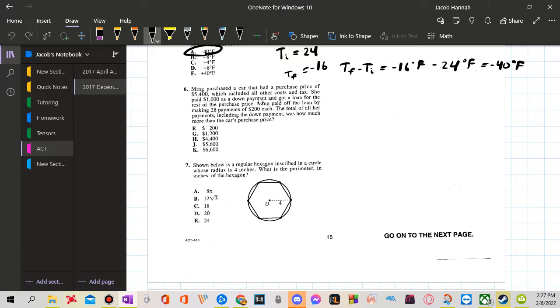So the original purchase price was $5,400. That doesn't look like a 5, but okay. So this is how much it cost originally. This is the OG cost. And this is how much Ming put into the car. So she paid $1,000. Alright, let's add up how much other stuff she paid.